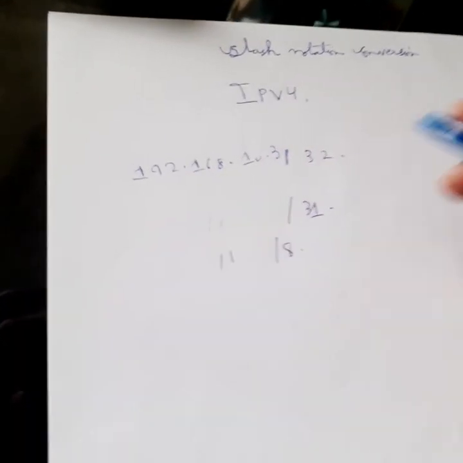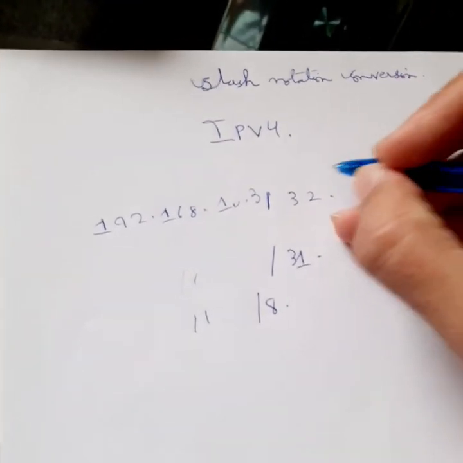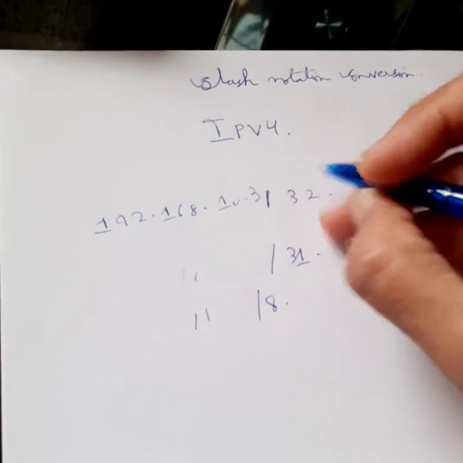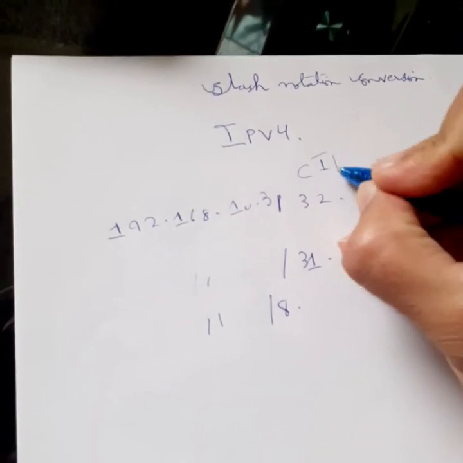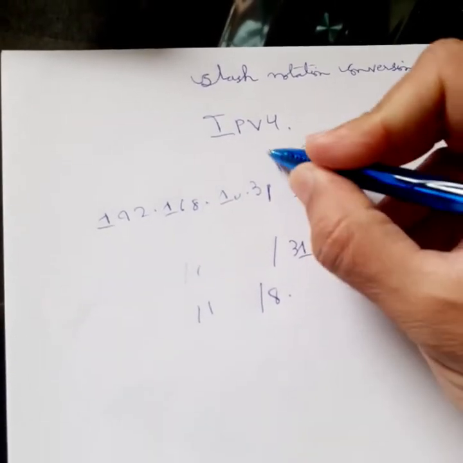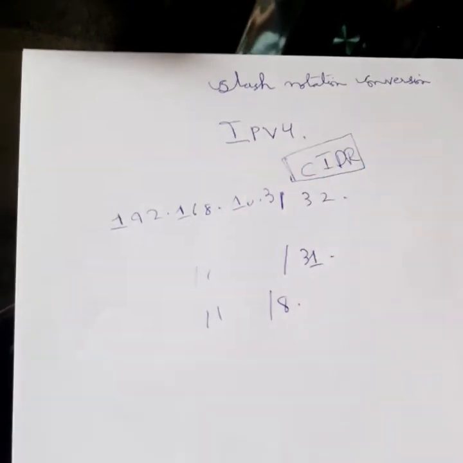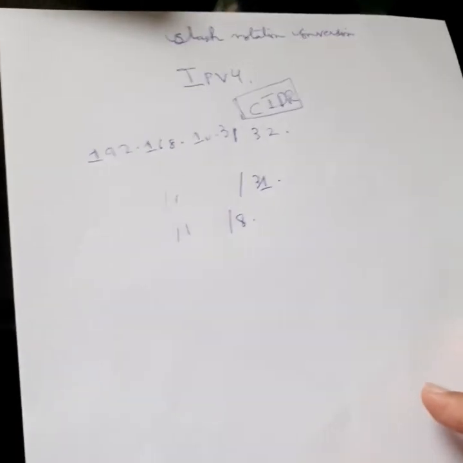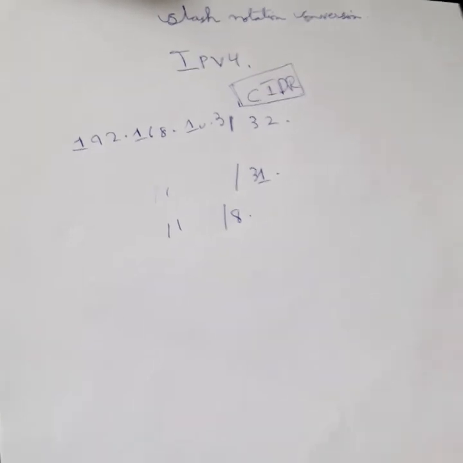This is usually called the CIDR notation. So how would we convert it? It's usually displayed with subnet masks as well.